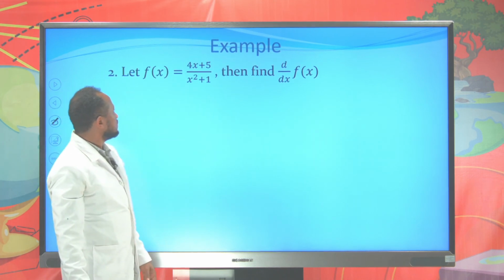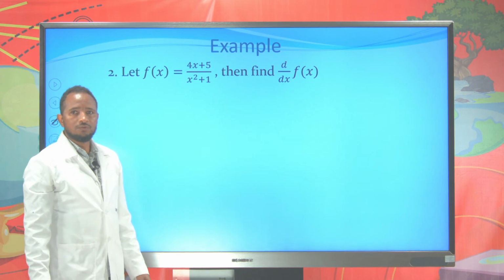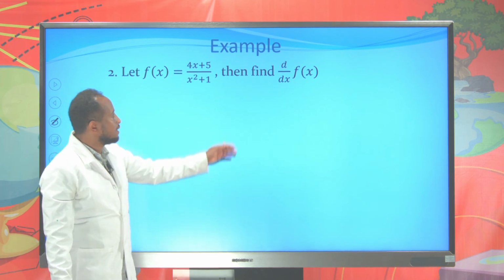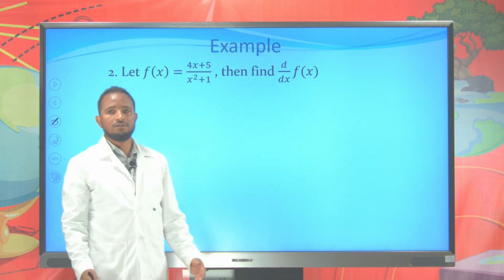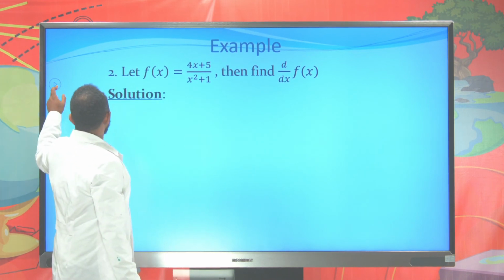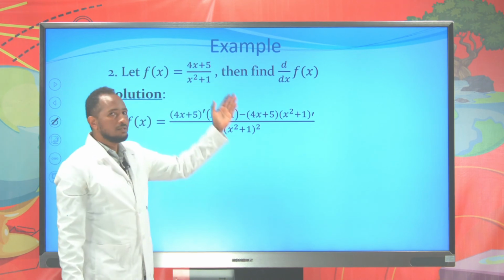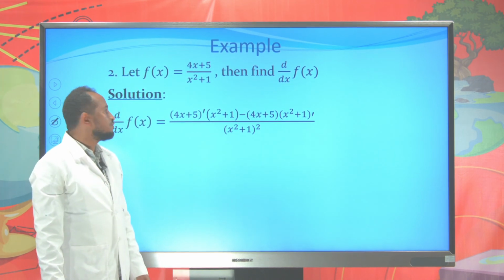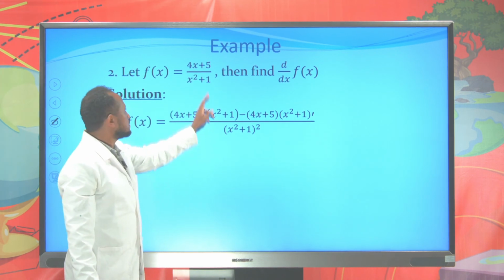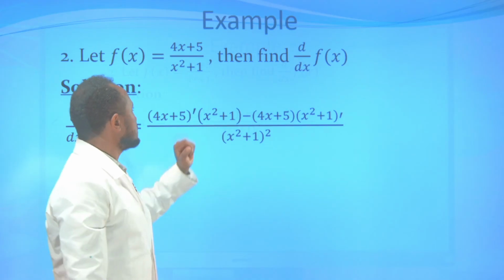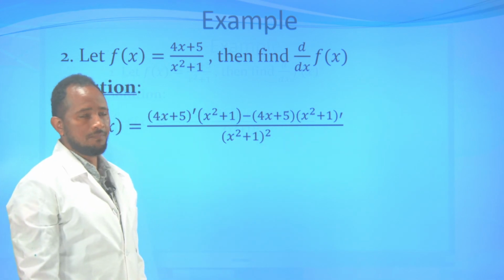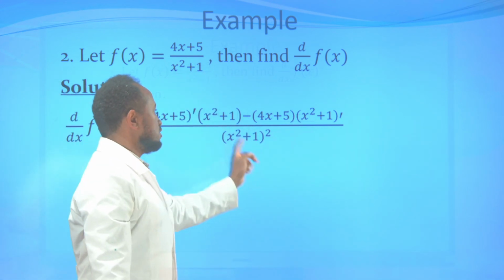Let's take this function. Let f of x be equal to 4x plus 5 over x squared plus 1. Then we are asked to find d by dx of f of x. This means find the derivative of this function. Applying the quotient rule, the derivative will be the derivative of the numerator times the denominator, minus the numerator times the derivative of the denominator, divided by the denominator squared.